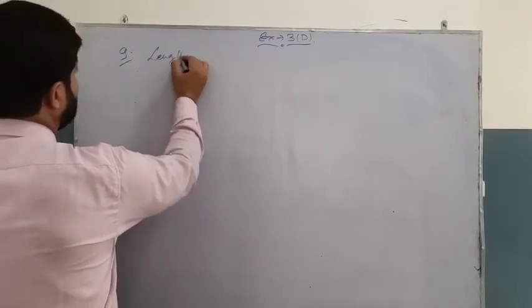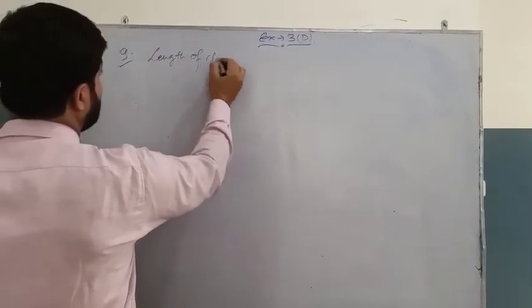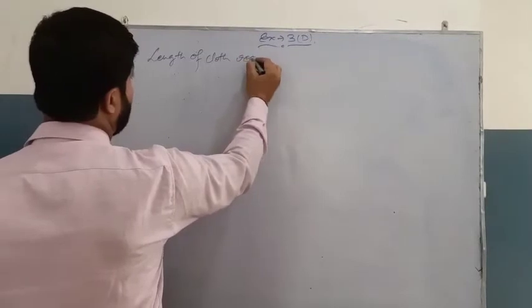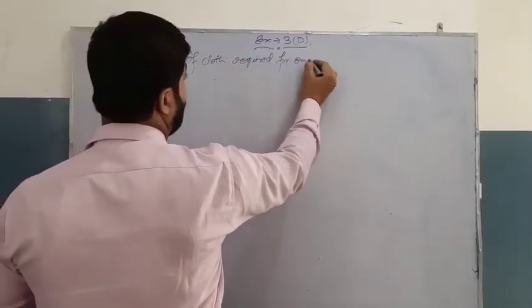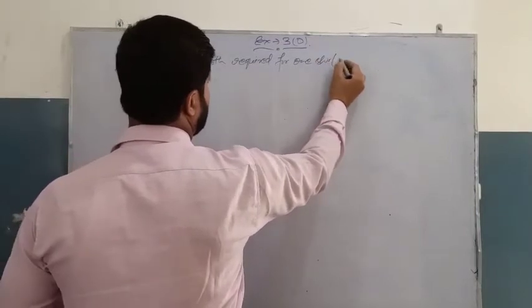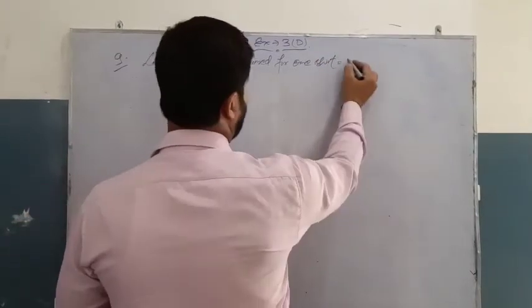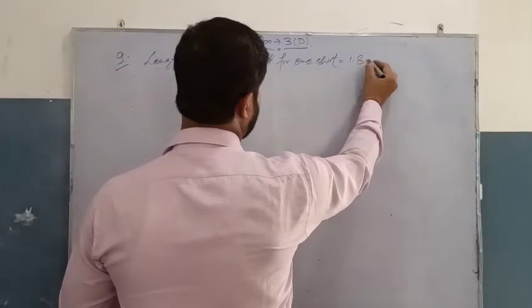Length of cloth required for one shirt, that is 1.8 meter.